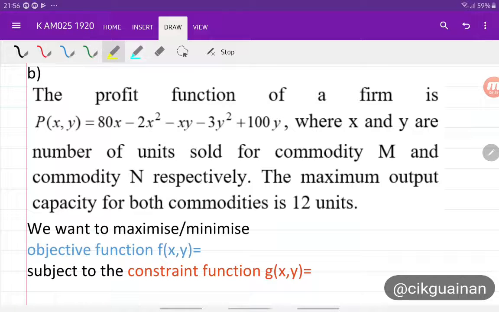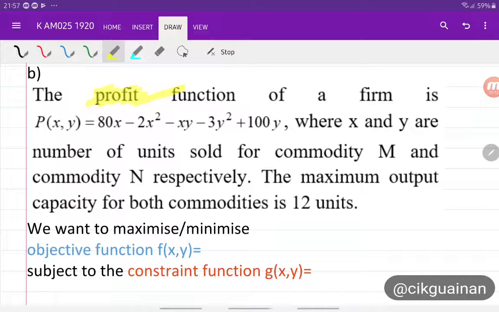So maybe we can look over here, the maximum. Maximum what? Maximum output, commodity. Sorry, maximum capacity. Okay, sorry. This one.